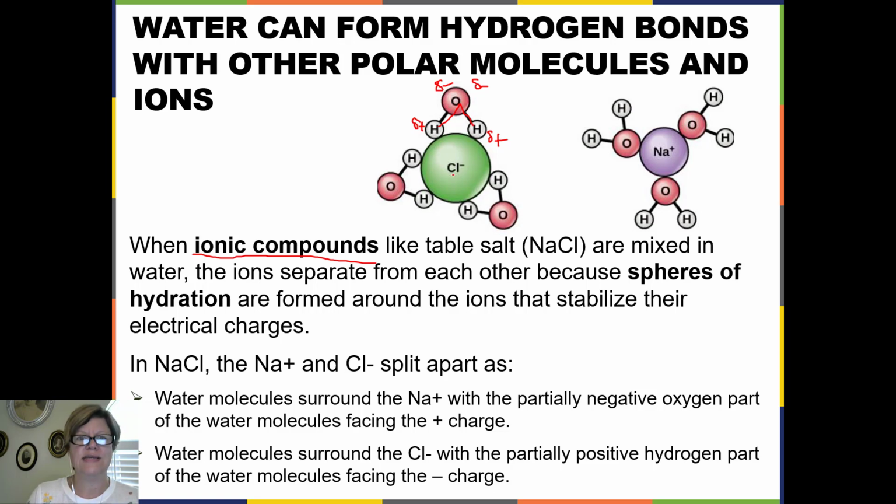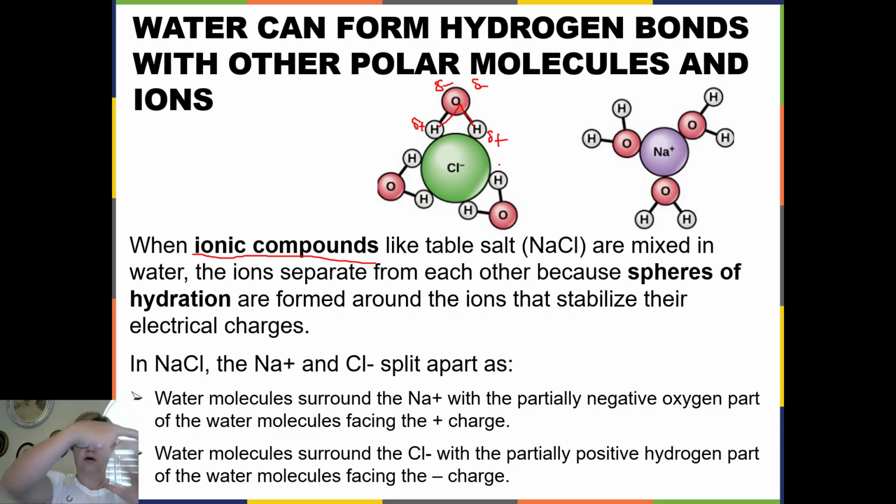And what does that mean? Well, it means that the chloride ion and the sodium ion get separated from each other, because of the water molecules. This is shown in a two-dimensional picture, but you really need to think of it in 3 dimensions all the way around.